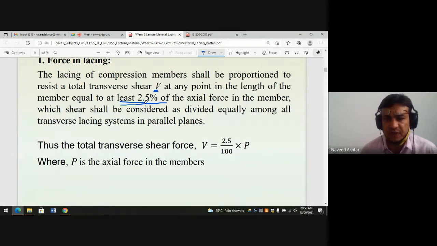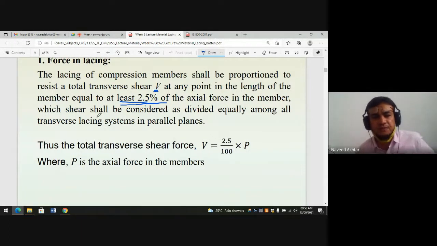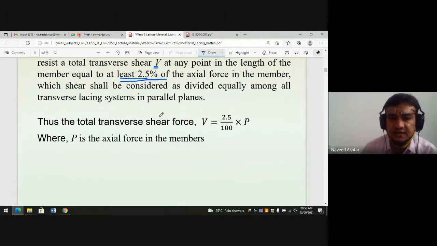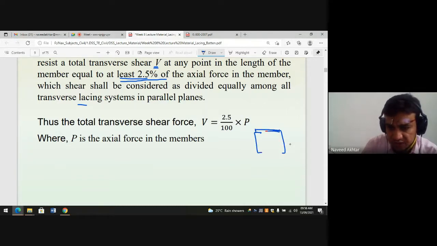The shear shall be considered as divided equally among all the transverse systems parallel to the plane. So with the lacing system, it means that two faces are there, one face here and another face here. So everywhere it is divided equally among all the transverse systems.